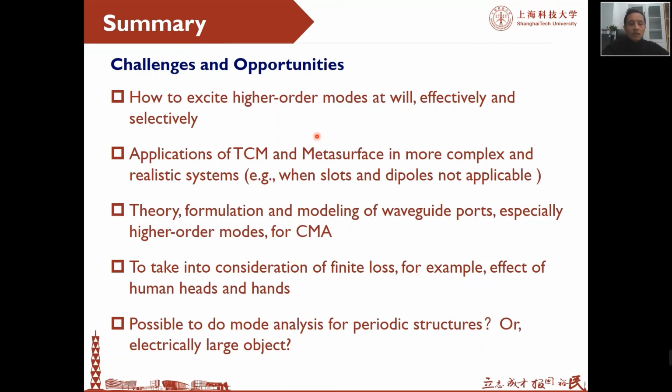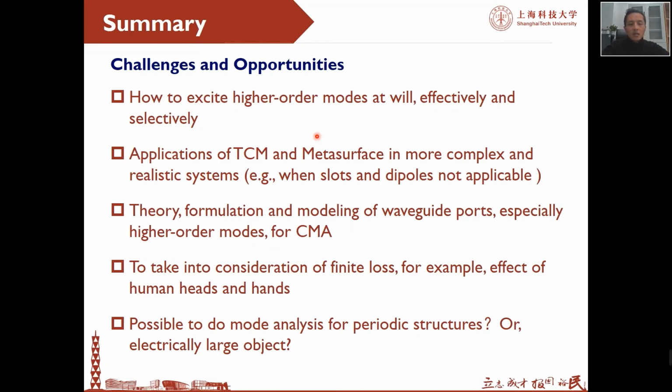For example, when the slots and dipoles are not applicable, and also when the metasurface electric size is larger. The third one is that for simulation purposes, we would like to have waveguide ports, especially for the higher order modes. In that way, we still need the development of theory and also the CM formulation and the modeling.